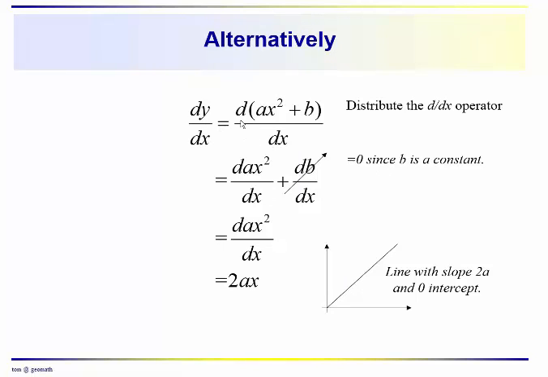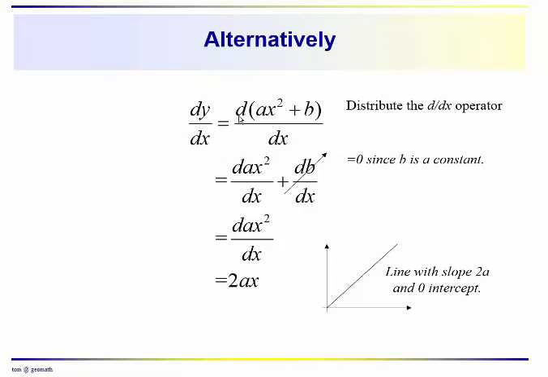So here's another way of doing that. You have dy/dx is equal to d of ax squared plus b. We're kind of jumping ahead here because we're going to be talking about the sum rule. So we're taking in advance an application of the sum rule. We've got a function which is basically the sum of ax squared plus b.